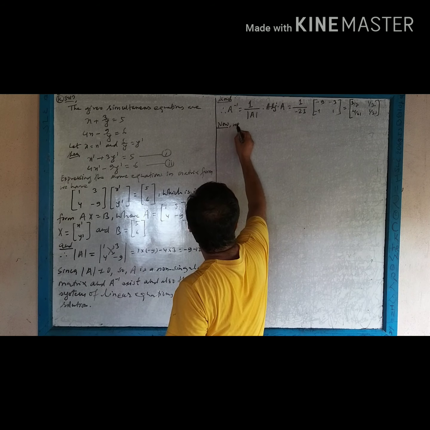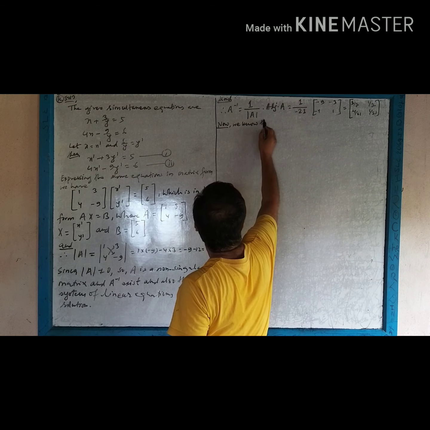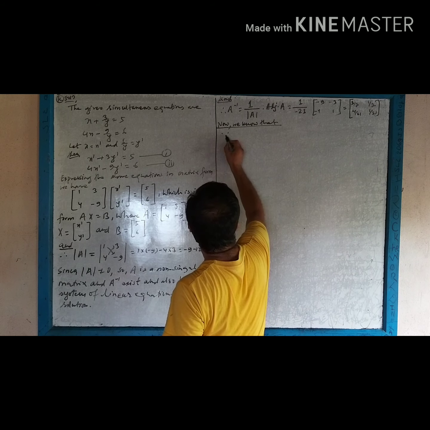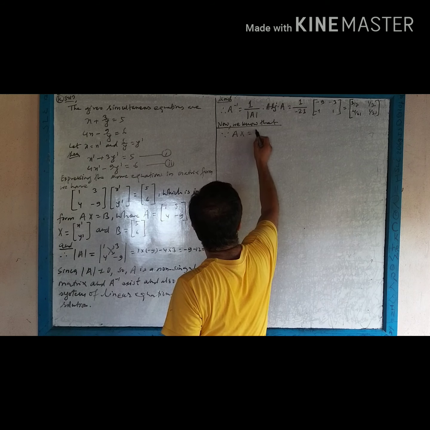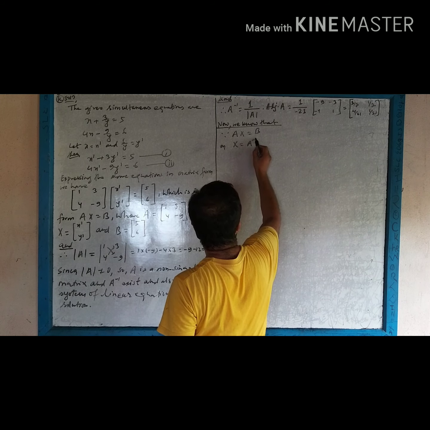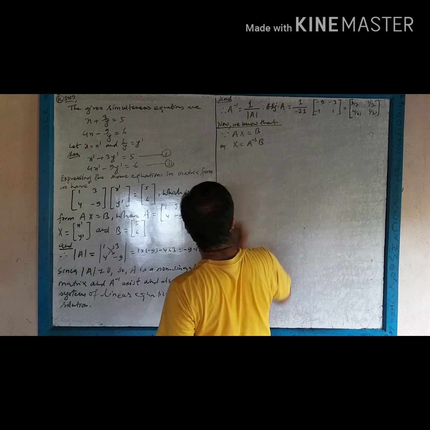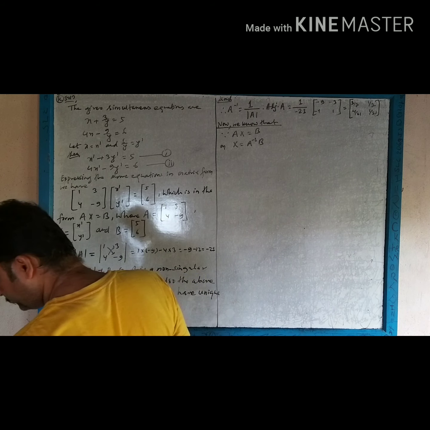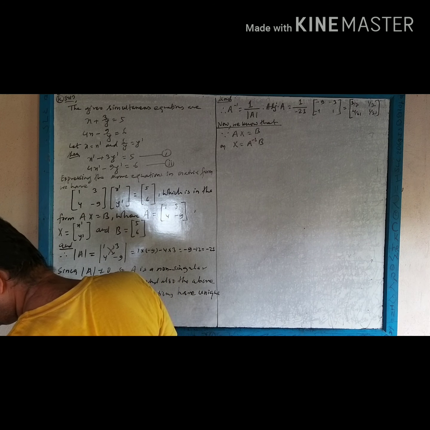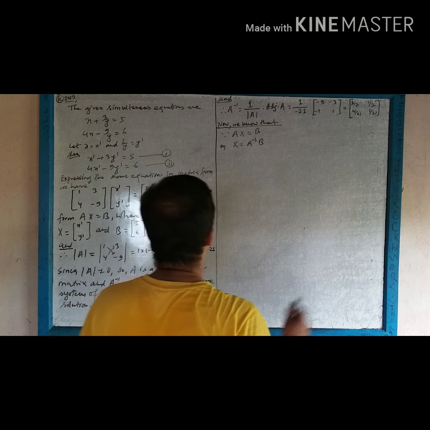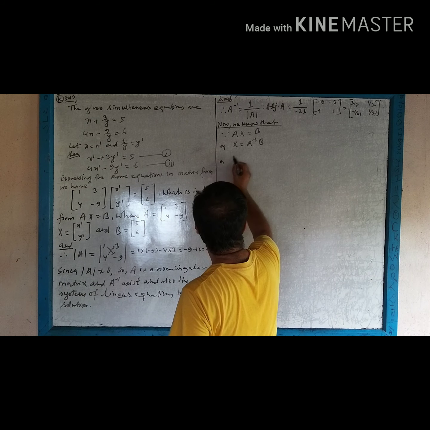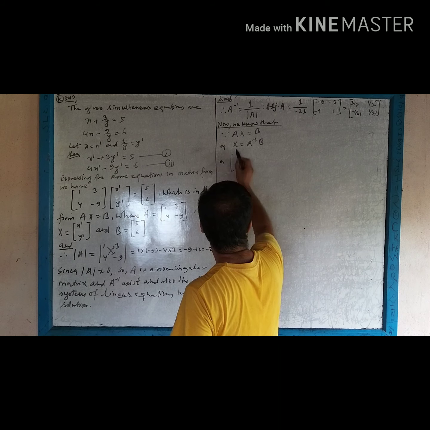Now we know that since AX is equal to B, X equals A inverse B. So what is X?